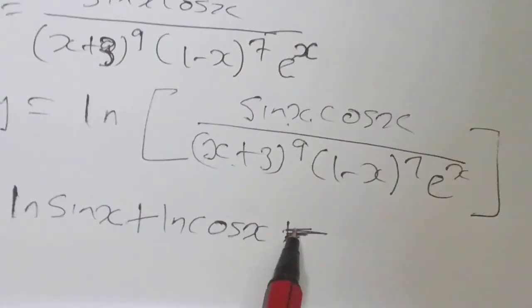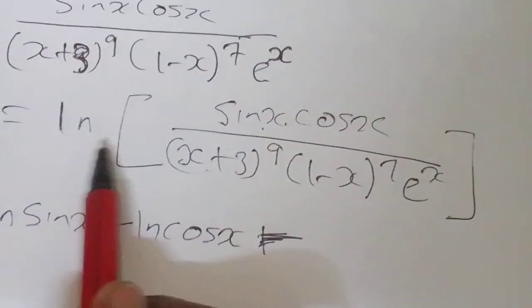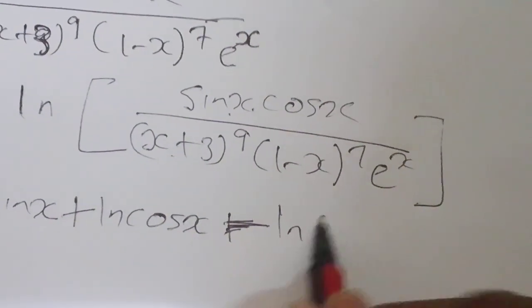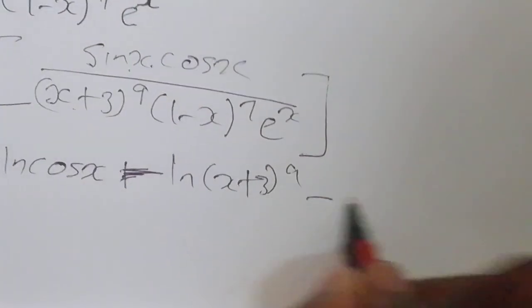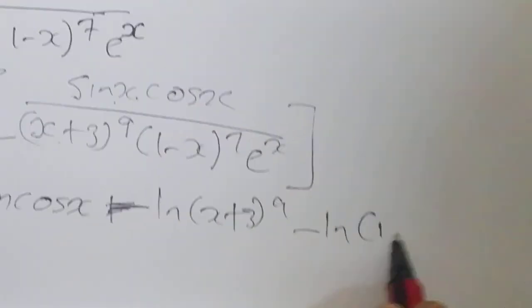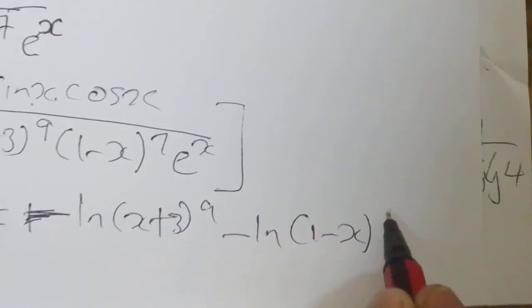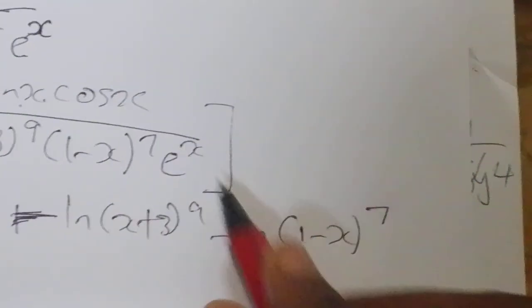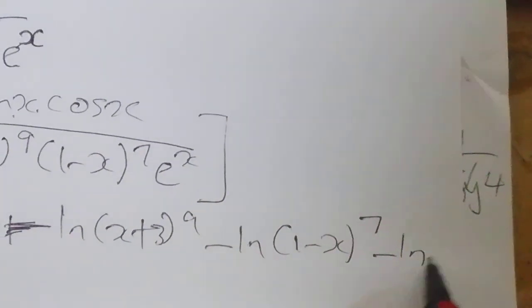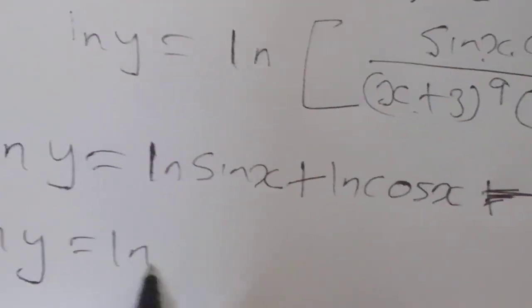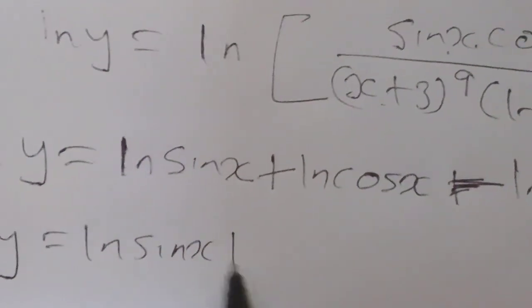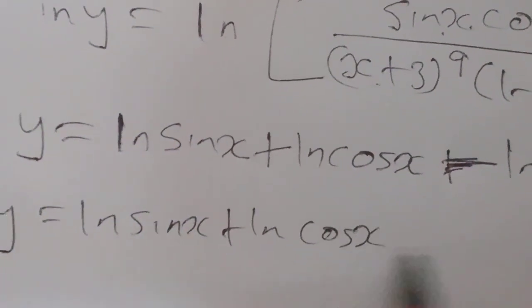So all this part you're going to subtract: ln (x + 3)^9 minus ln (1 − x)^7, then minus the ln of the exponent of x.